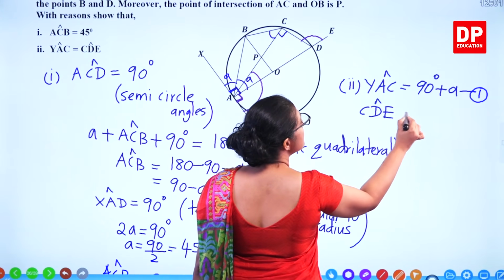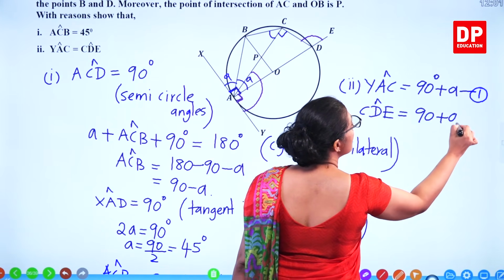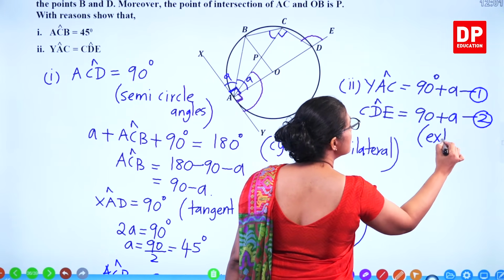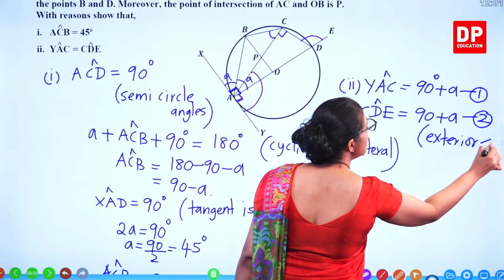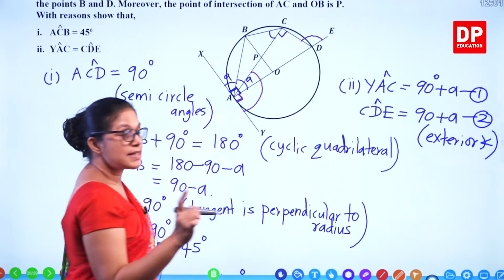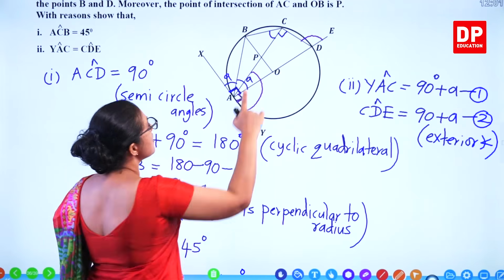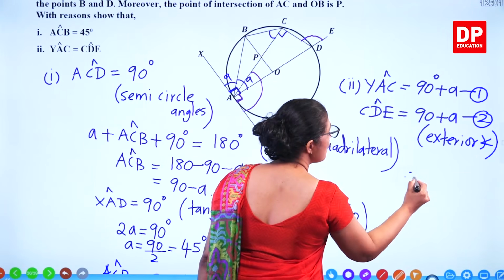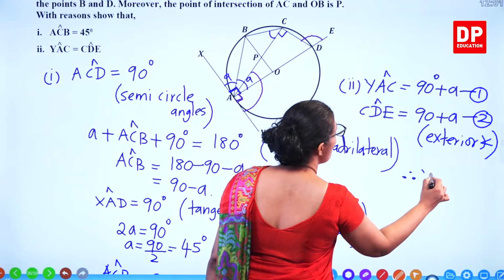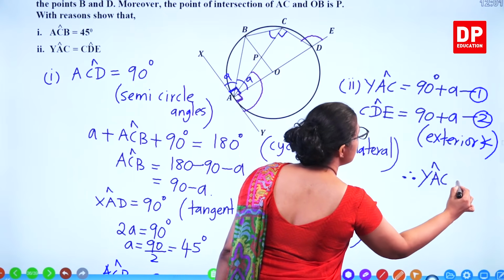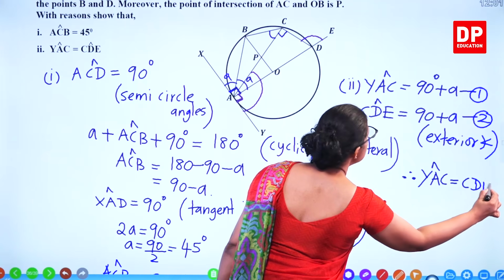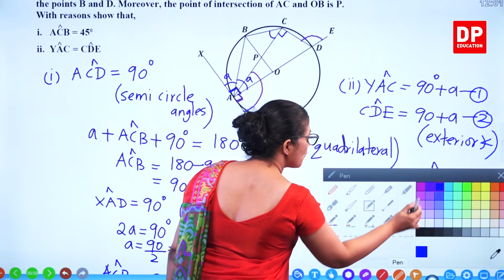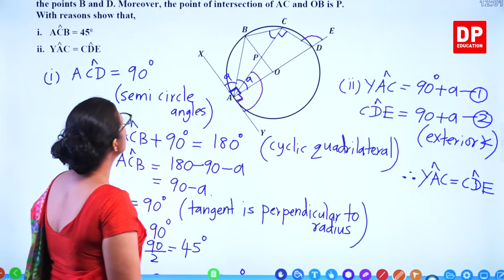CDE is 90 plus A. What's the reason? Exterior angle equals the sum of the opposite interior angles. So this is 90 and this is A, 90 plus A. So both are equal. Therefore angle YAC is equal to angle CDE. So that's the proof.